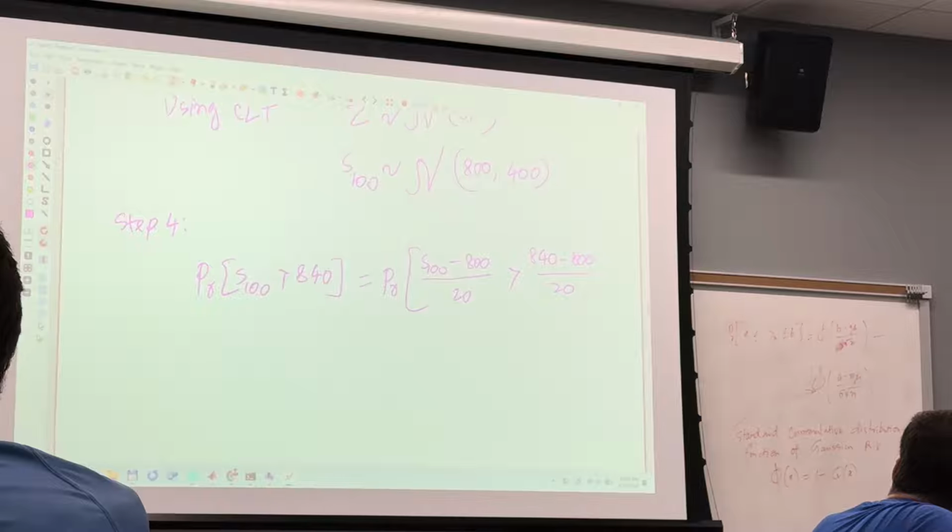We subtracted 800 and divided by 20 on both sides of the inequality to write it as a standard normal random variable, which is Z in our case. Z greater than 40 over 20, which is 2.